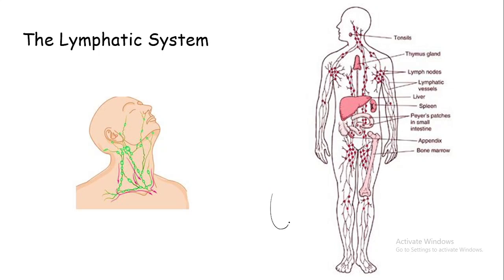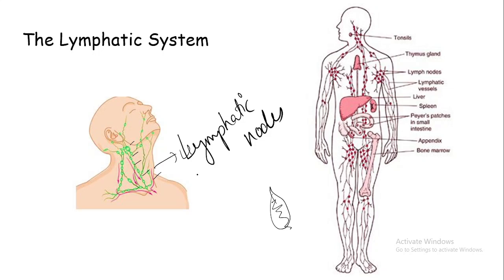Nodes are enlarged structures where the lymph fluid is present or stored. You can see the green bulges here at frequent intervals. They are called lymphatic nodes. Lymphatic nodes travel through the lymph vessels.